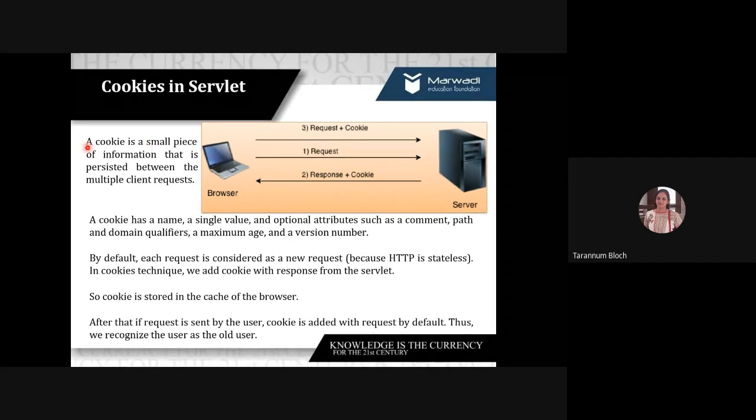As a cookie is a small piece of information, it will have a name, a value, and optional attributes such as comment, path, sometimes a domain qualifier, maximum age, which is the lifetime, for how long your cookie will be available, and at times the version, right? So these are all the characteristics of a cookie, or the variables which could be saved when you are saving a cookie in your machine.